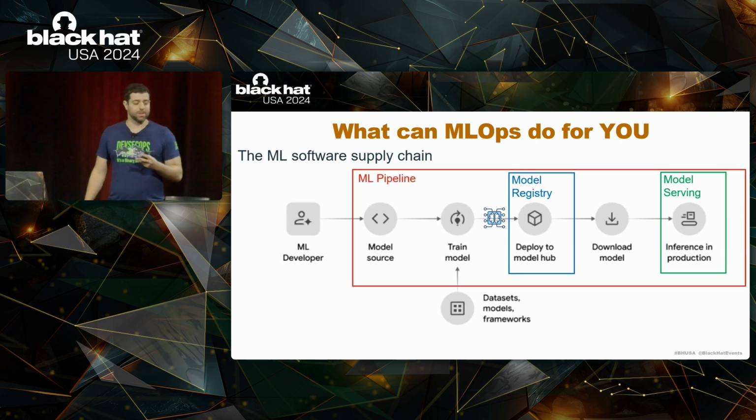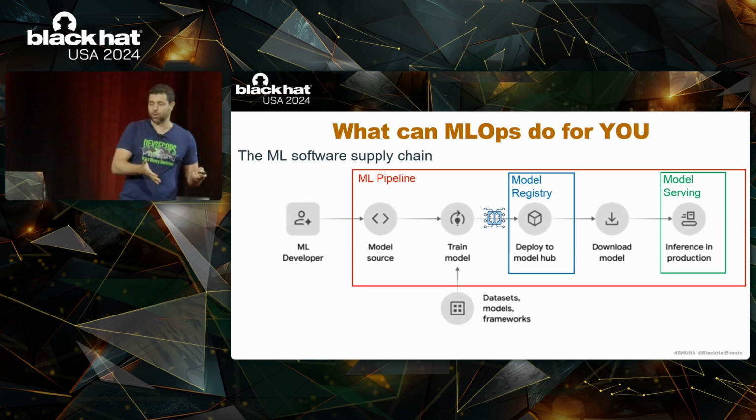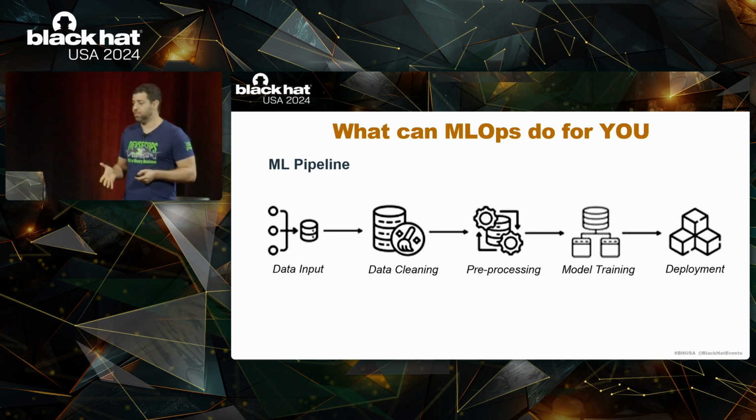So this whole supply chain can be done either manually by an ML developer or a data scientist, or we can use a machine learning pipeline, which we'll also see what that means, in order to automate all of this process. OK, so let's start with a machine learning pipeline.